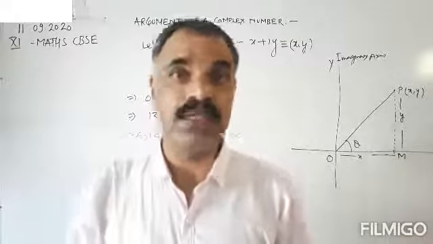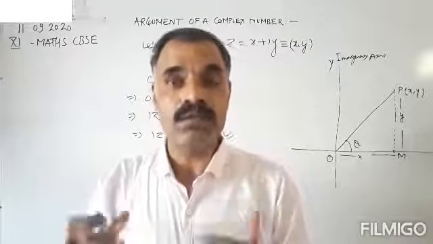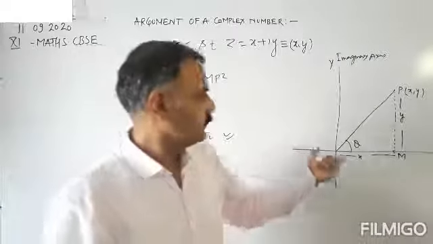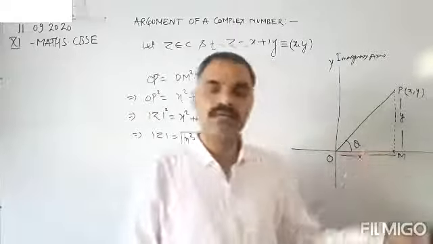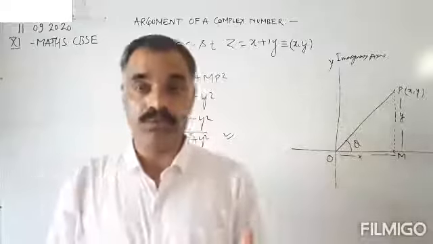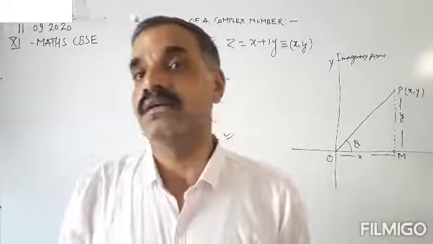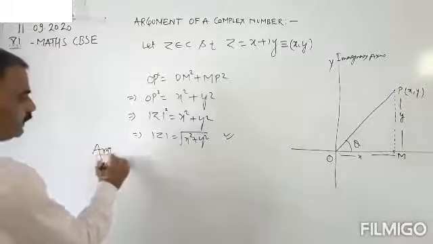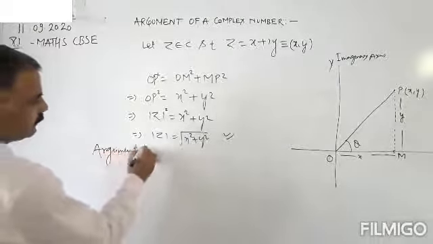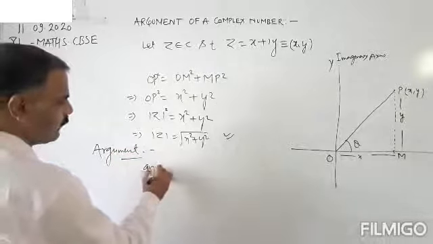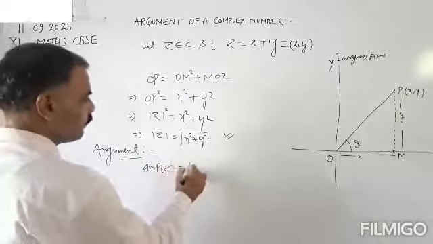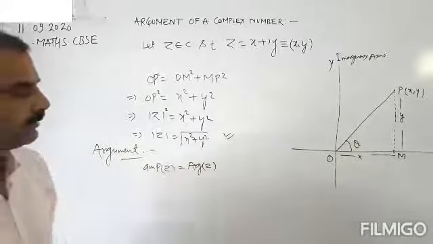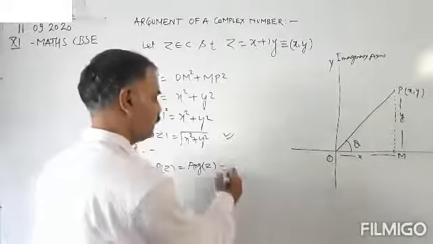And this angle theta is called the argument or the amplitude of the complex number z, and is denoted as amplitude of z or argument of z. Amplitude of z or argument of z is equal to theta.